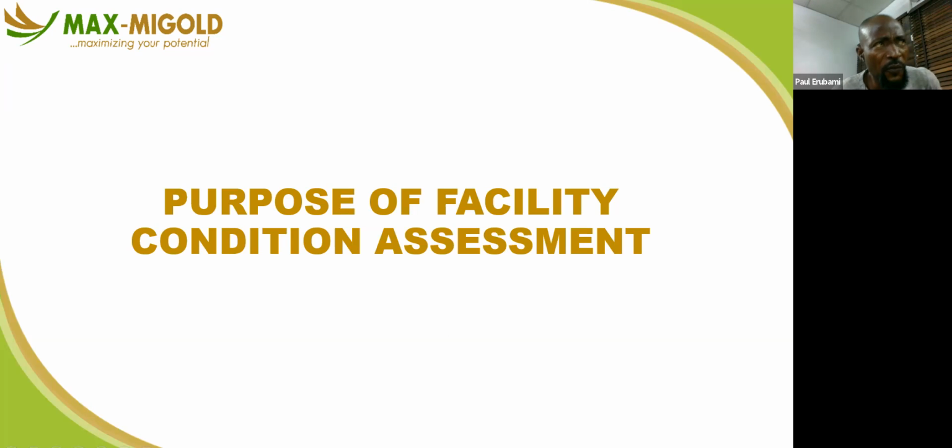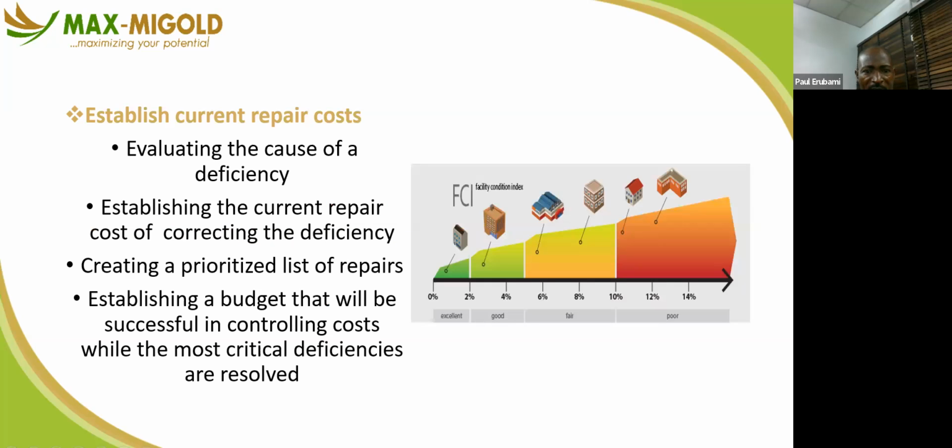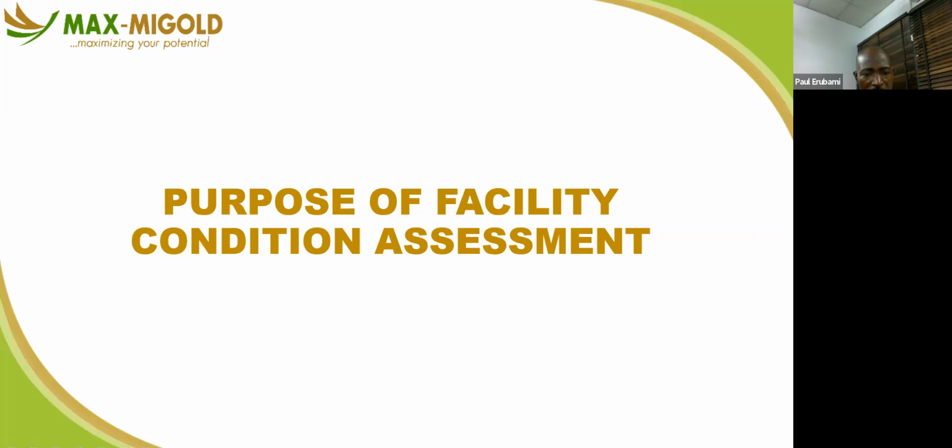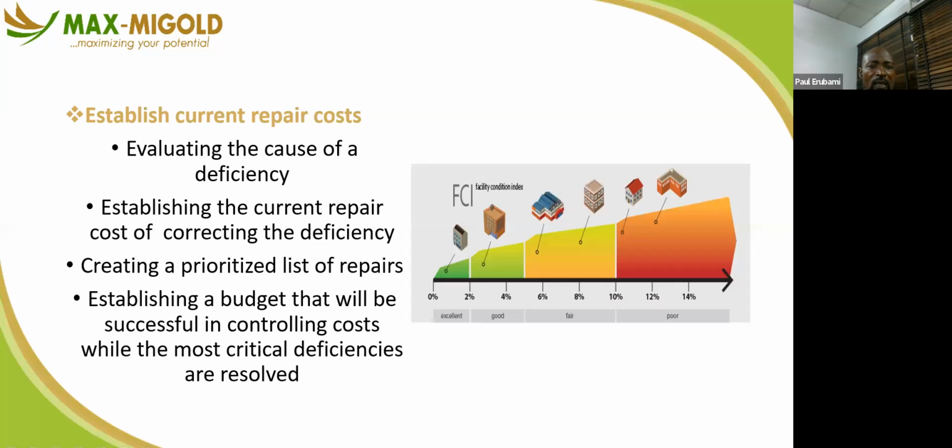Then what is the purpose of condition assessment? There are several purposes, but the first and foremost is it helps you to establish a repair cost, the current repair cost. Current repair cost means after you have conducted your assessment, you make a summary of all your reports, and this could involve taking several pictures and measurements, and at times it will require you to take the support of an accountant.